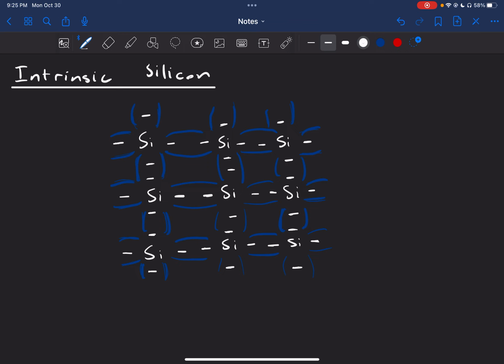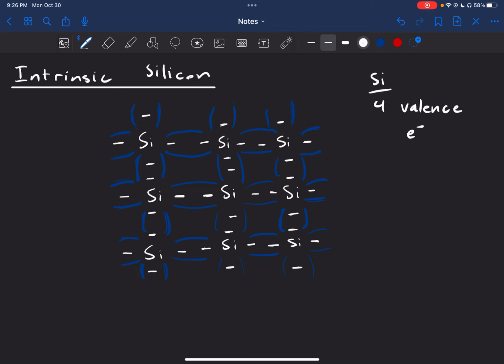So first, we have this silicon structure, this pure or intrinsic silicon. Some background information to know is that silicon has 4 valence electrons. Valence electrons are just electrons on the outermost shells of these atoms.